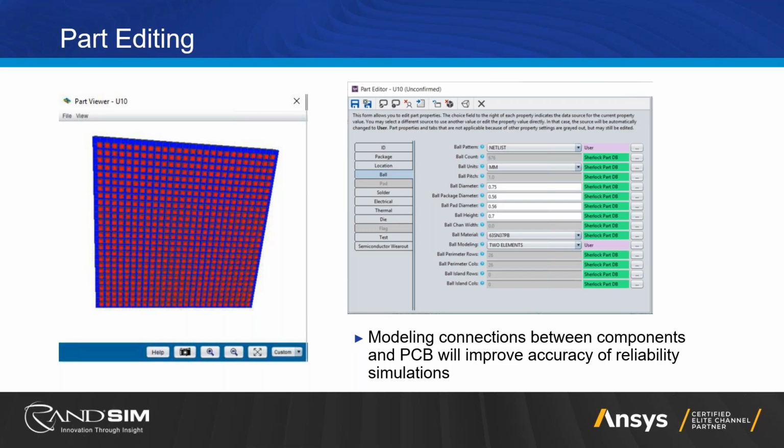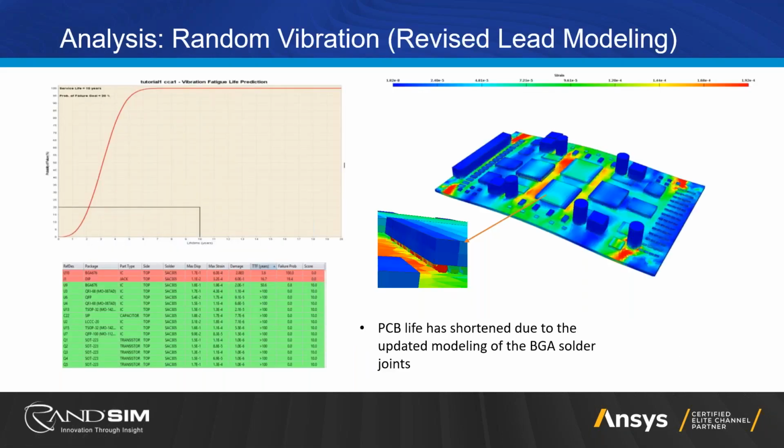And so what we're doing here is we're just adding more fidelity to the balls themselves, and then we're repeating the random vibration. And now when we did that on this part right here, you can see we actually have the modeling of the individual balls on this BGA. And when we added that additional fidelity, now we have a concern.